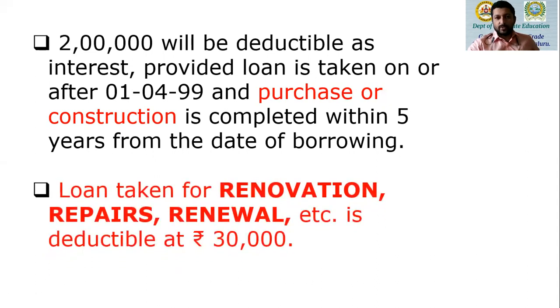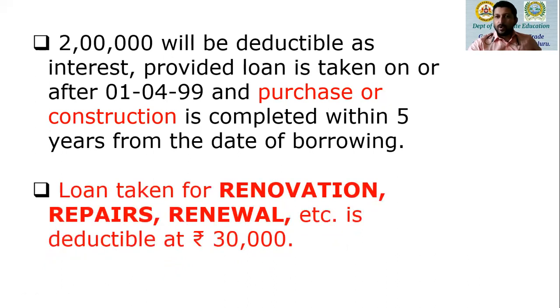Now, important point: a loan taken for renovation, adding an extra room, making significant changes, adding an extra floor, or repairing the property, or renewal of a property, redoing the painting, the electrical work and plumbing work and all other works, renewal more so, is deductible only at 30,000 maximum.